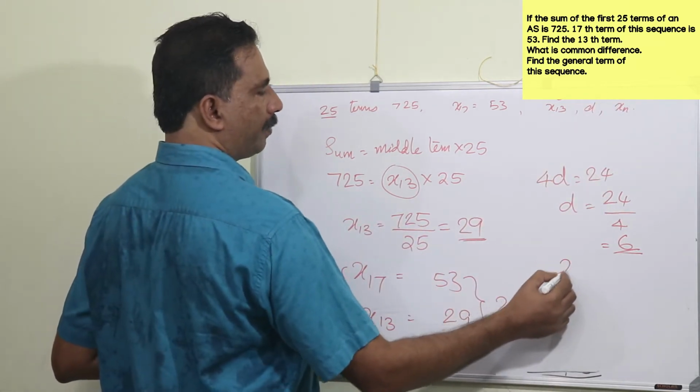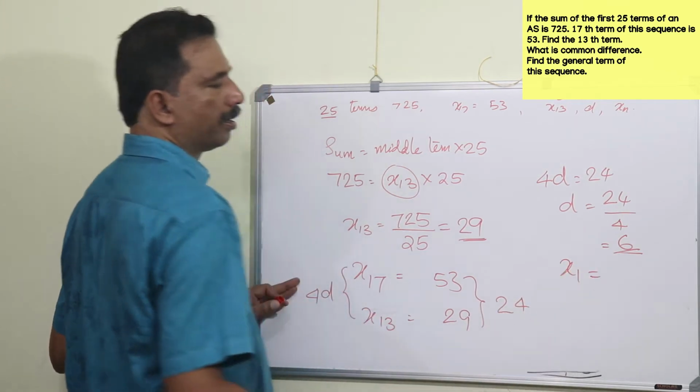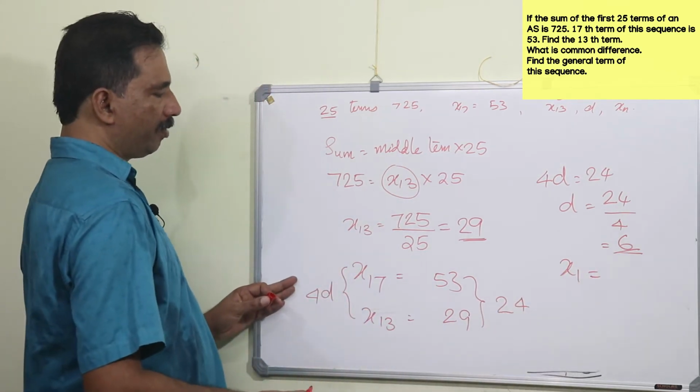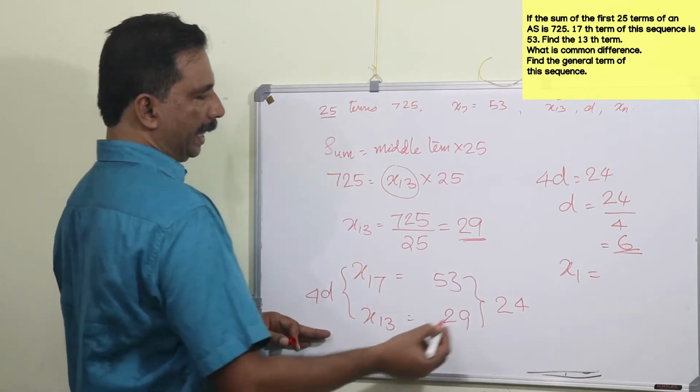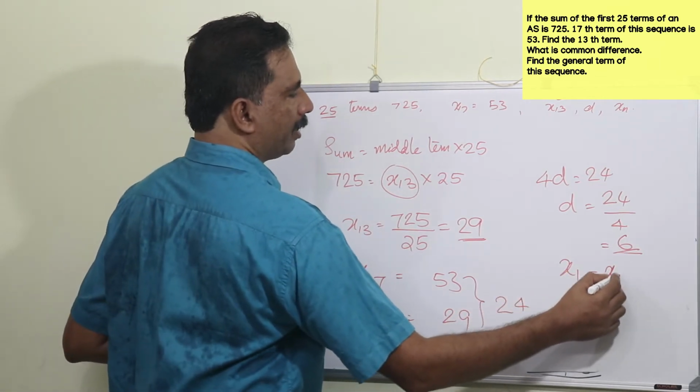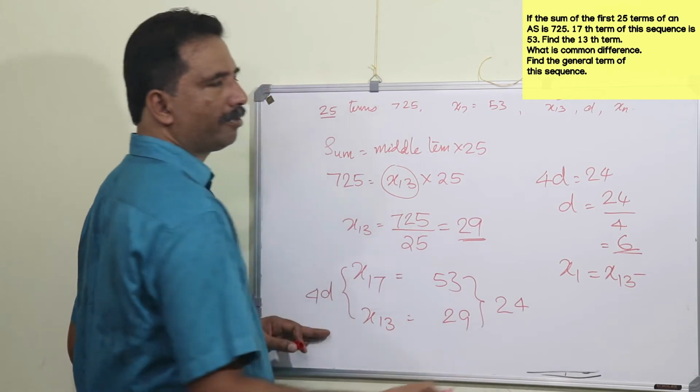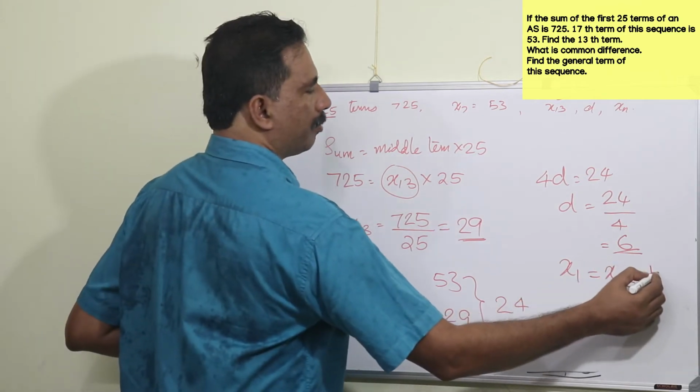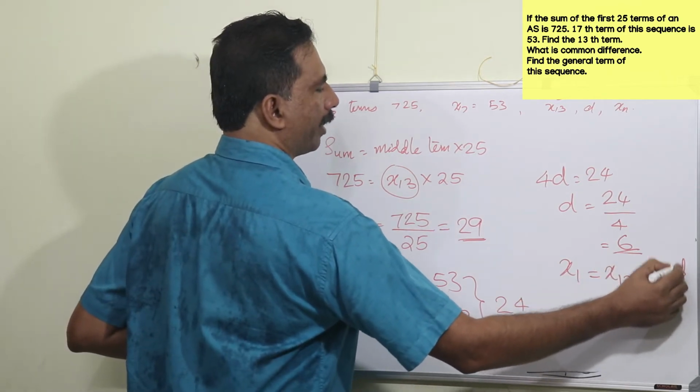What is the first term? x1. We can find the first term from x13. 13ാമത്തെ ടേമിൽ നിന്ന് ഫസ്റ്റ് ടേമിലേക്ക് പോകാൻ 12 കോമൺ ഡിഫറൻസ് കുറയ്ക്കണം, 12D കുറയ്ക്കണം.